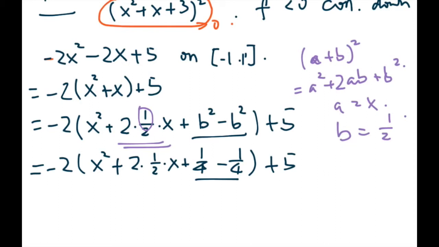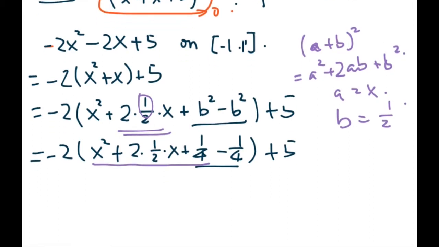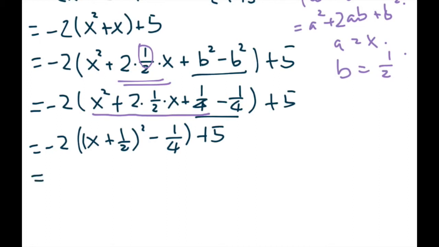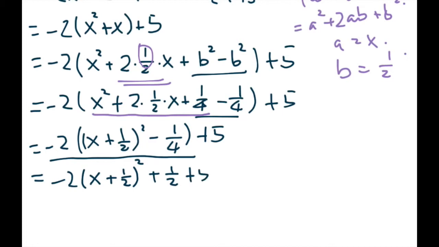Alright, now the first three terms here form a perfect square. Then we can rewrite it as -2 times (x plus 1/2) squared, and then minus 1/4 plus 5. And then I'm going to multiply this part out, and we will have -2 times (x plus 1/2) squared, and then we have -2 times -1/4, that is positive 1/2, plus 5.